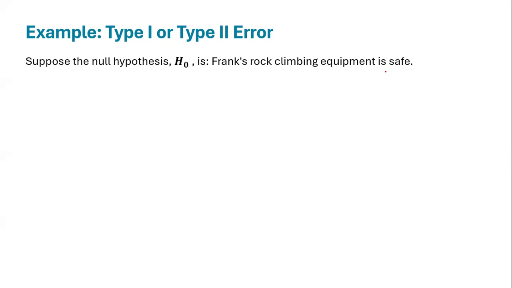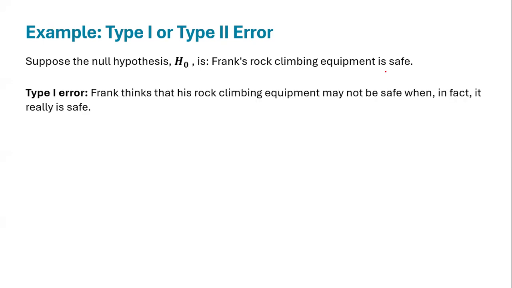So what is type 1 error? Type 1 error is that Frank thinks his rock climbing equipment may not be safe because he's rejecting this, but in fact, it is safe. He thinks that the equipment may not be safe when in fact it really is safe.